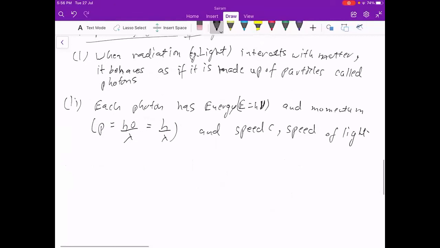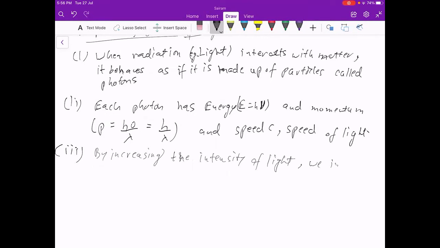Third one, by increasing the intensity of light, we increase the number of photons that fall on a given area per second, or per minute or per hour, but usually SI unit means per second.